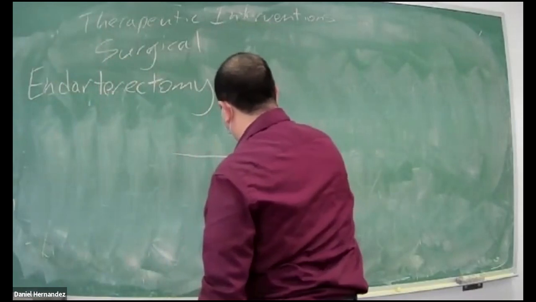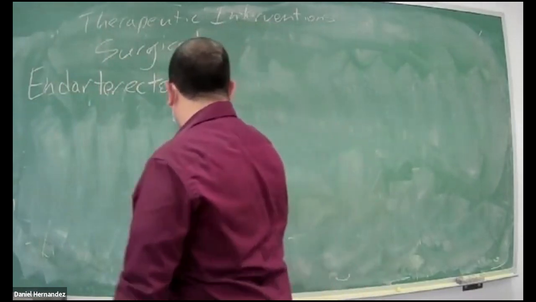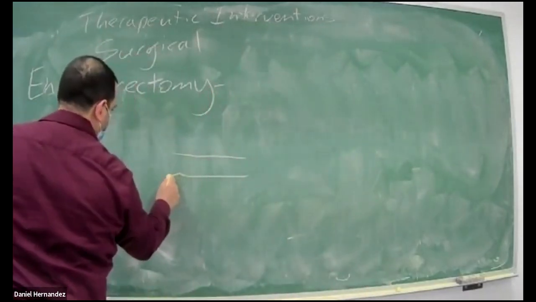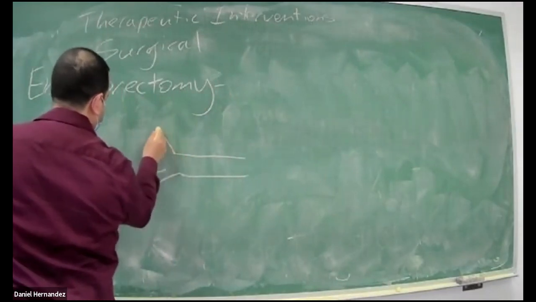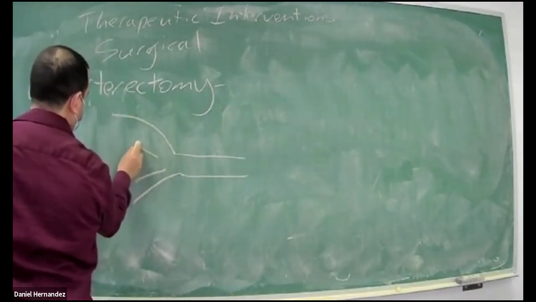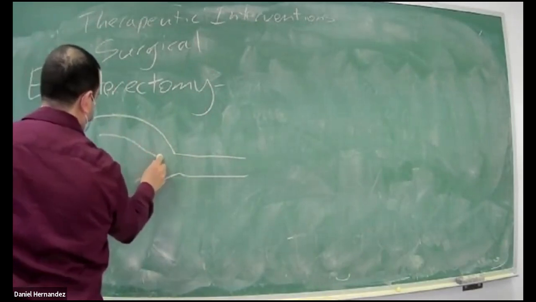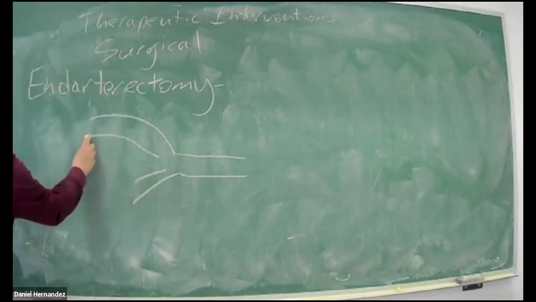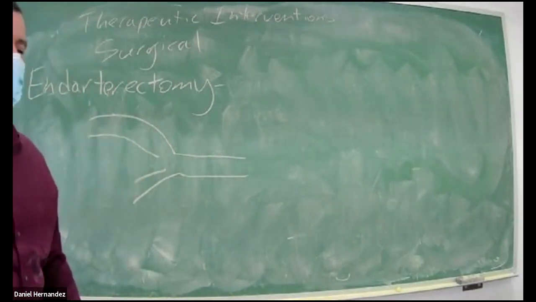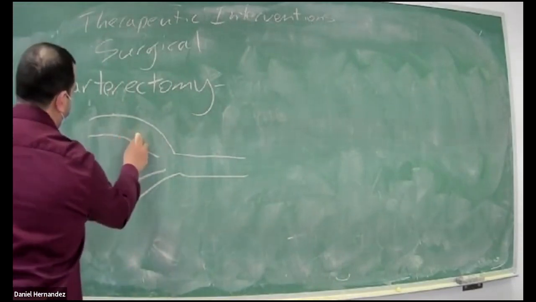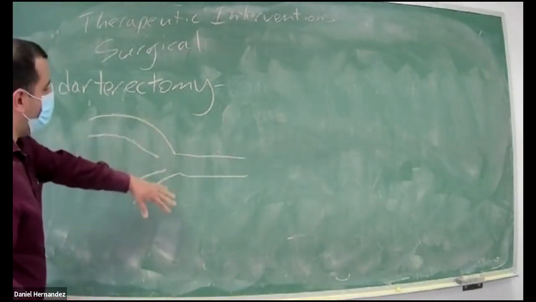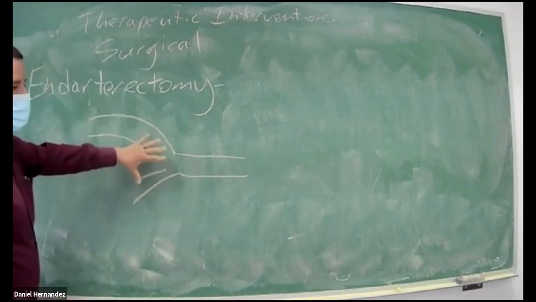So if we're imaging our ICA up here post-surgery, they've cleaned up the plaque, the vessel's nice and wide.